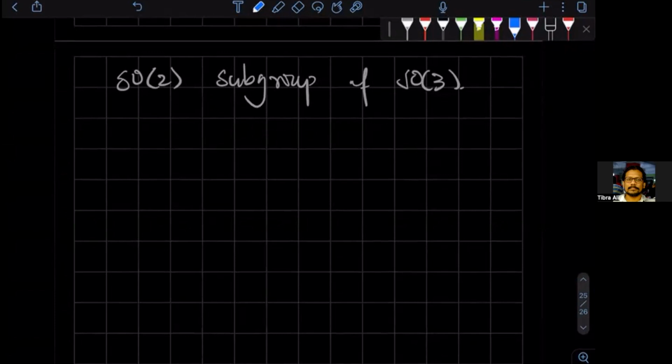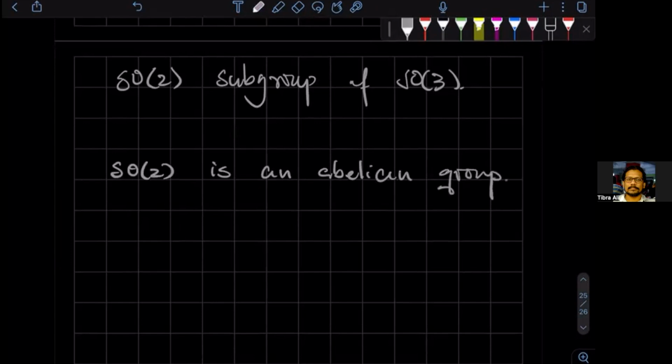One of the things that should be clear is that SO2 is an abelian group. Can somebody tell me why? What could be the reason? Rotations don't matter how I rotate, like if it's 60 degrees first, 30 in 2 dimensions, right?